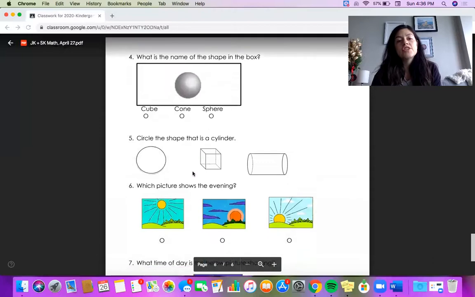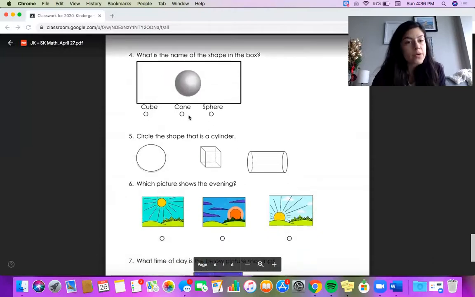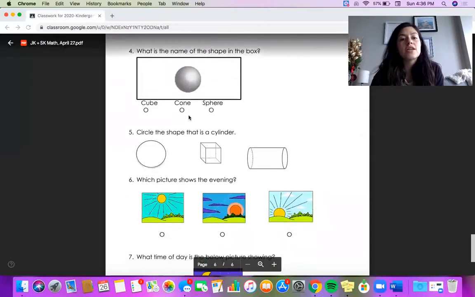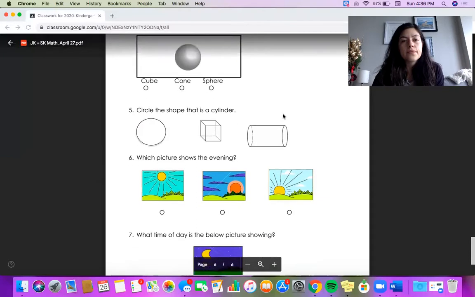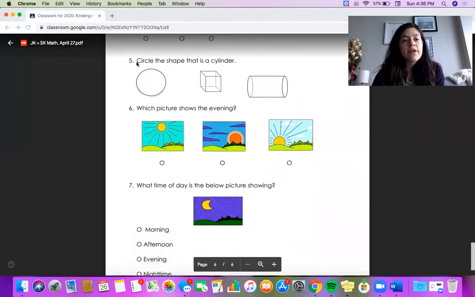Then the last page is assigned for SKs, but of course, JKs, feel free to continue if you want to challenge. There's a bit of a geometry review. What is the name of the shape in the box? Is it a cube, a cone, or a sphere? For number 5, circle the shape that is a cylinder.